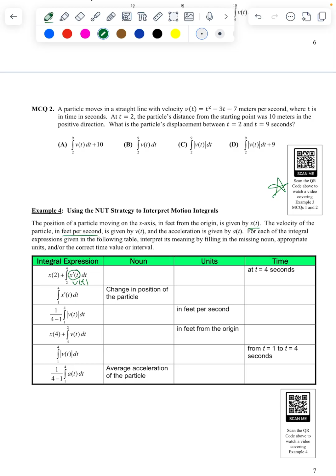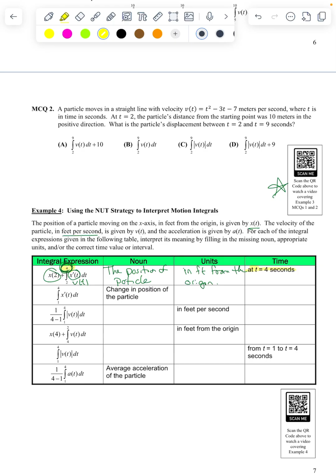So this is the position of the particle, in feet, the unit is going to be feet from the origin. And the time that we are focusing on is at t equals 4. And we know that it's at t equals 4 because of this part right here. So the question would say, find the position of the particle at t equals 4. This is what you would do.